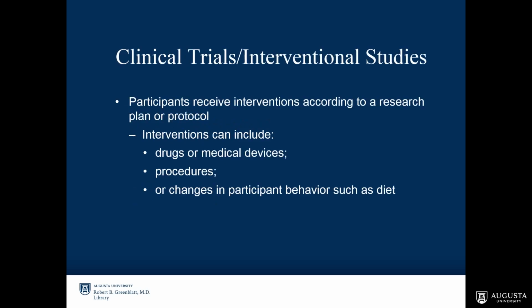So clinical trials or interventional studies are studies in which participants receive interventions according to a research plan or what's called a protocol. And these interventions can include things such as drugs or medical devices or a procedure or even something such as a change in participant behavior such as diet with the hoped for outcome of weight loss, for example.